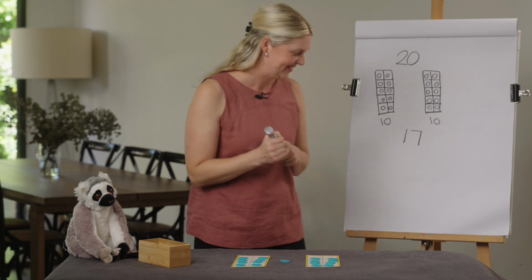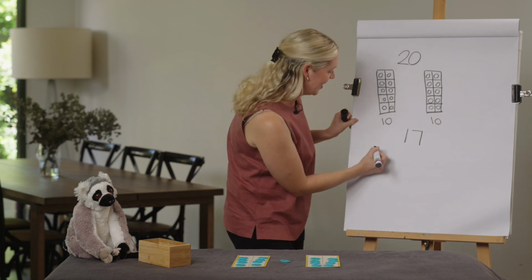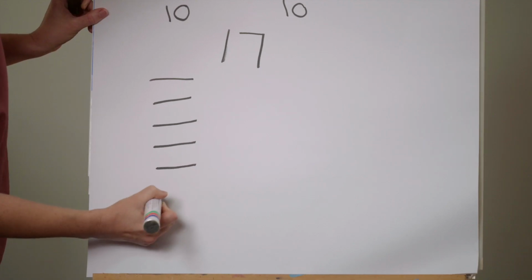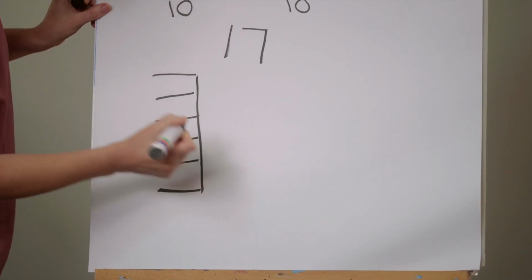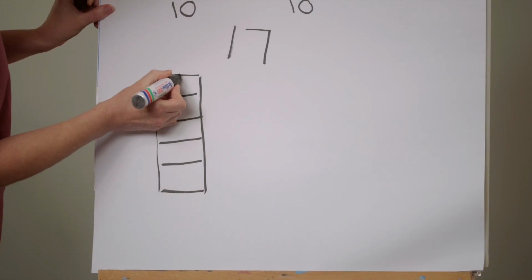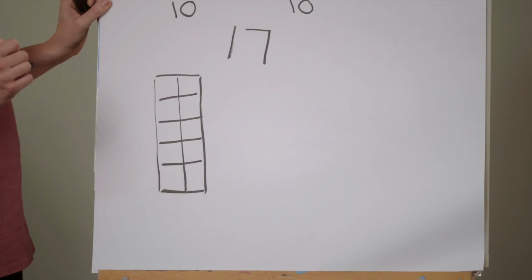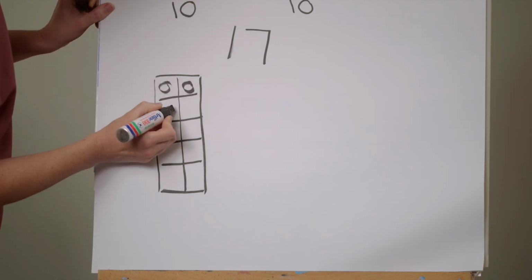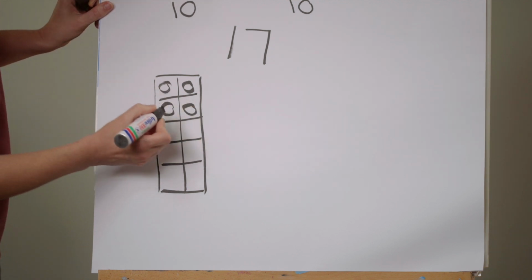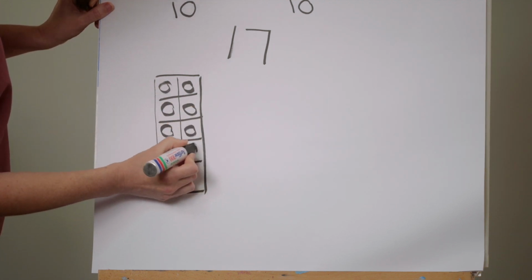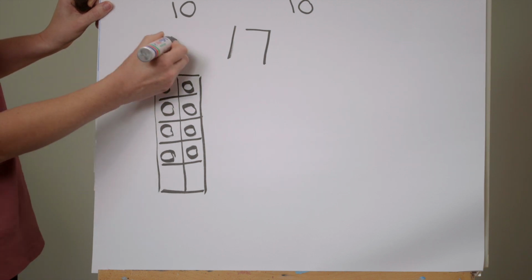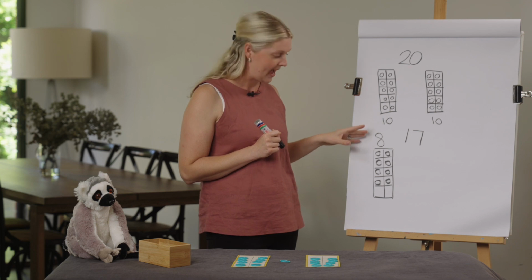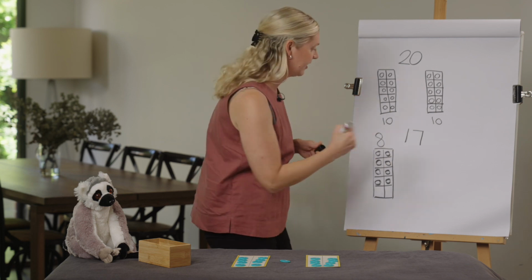Let's record that. Here's our 10 frame. 2, 4, 6, 8, 10. Draw the sides and through the centre. So this side had 8. 1, 2, 3, 4, 5, 6, 7, 8. So there was 8 in this group. Okay, so this is our collection of 8. Now let's draw the other 10 frame.